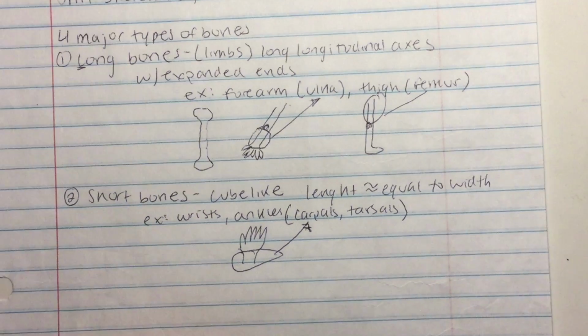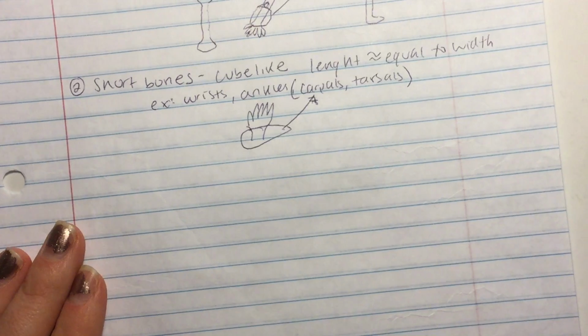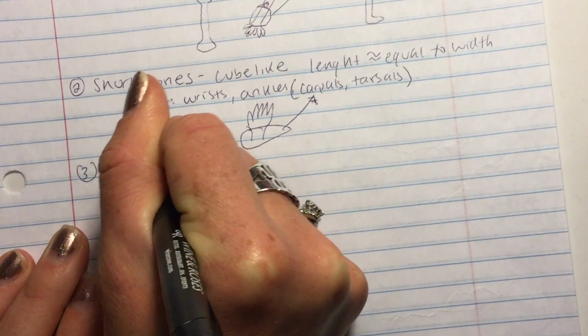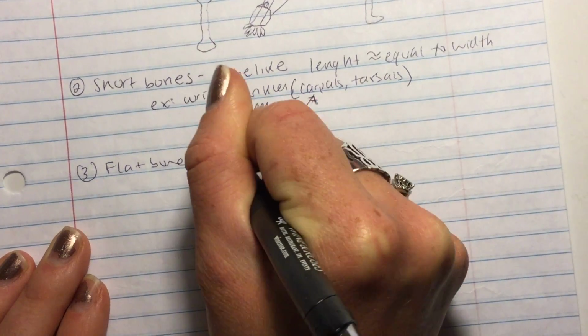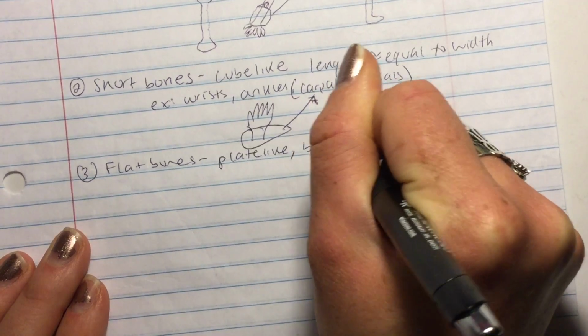Okay, bone type number 3 is flat bones. So flat bones are plate-like. They have a broad surface.